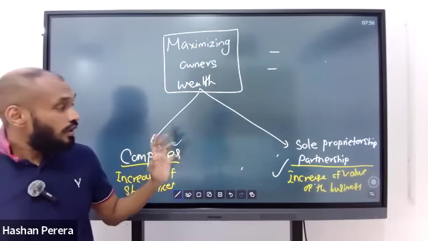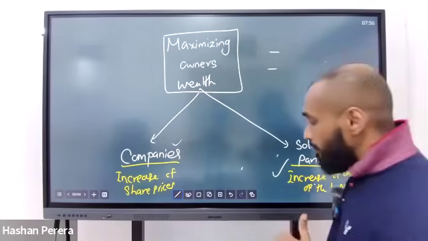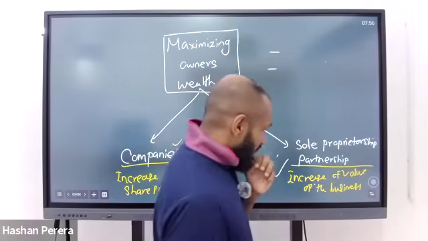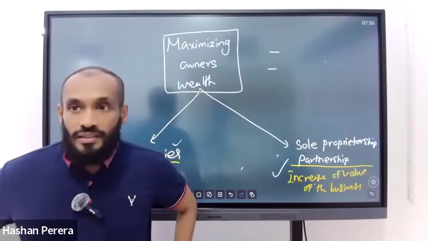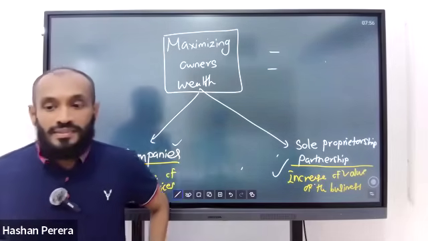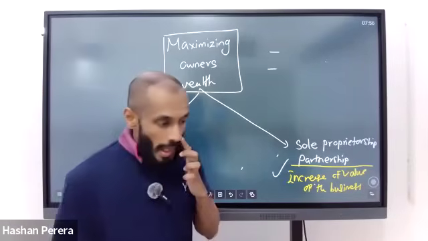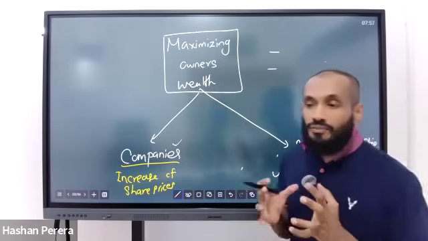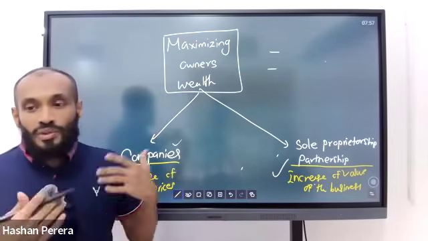Maximizing owner's wealth for sole proprietorship is the increase of the value of the business, in brackets: increase the market value of the business. ඒ කියන්නේ business එක විකුණන්න පුළුවන් ගානනේ.